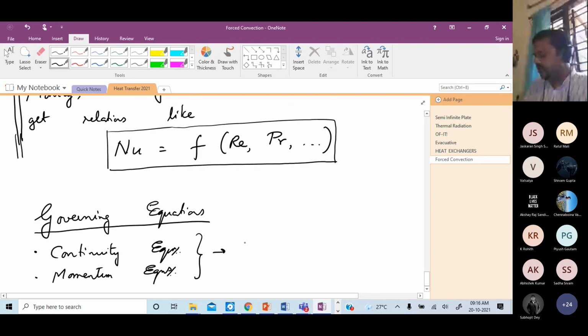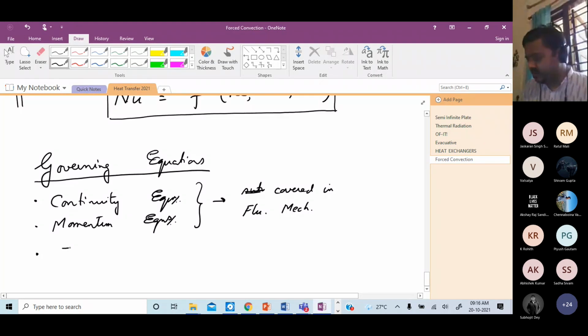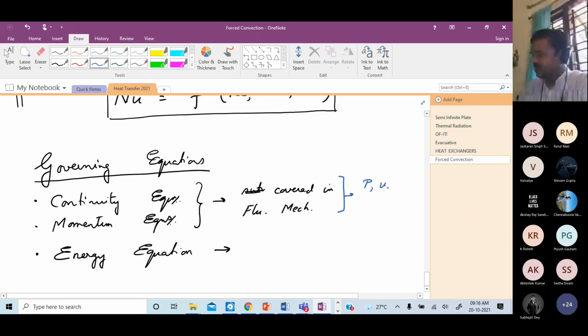These we have already studied, covered in fluid mechanics, right? There's a third governing equation that we are going to discuss, called the energy equation. What do the first two help us determine? They give us pressure and velocity.